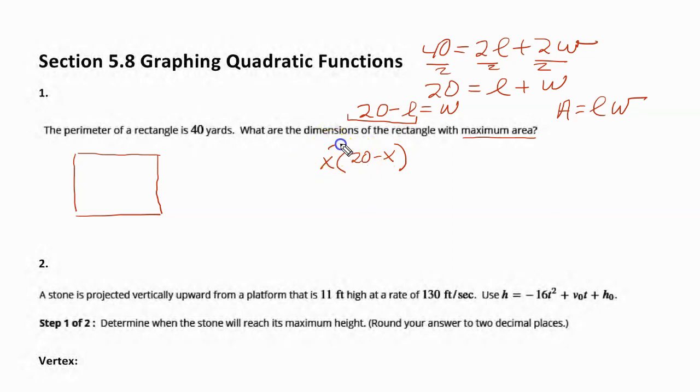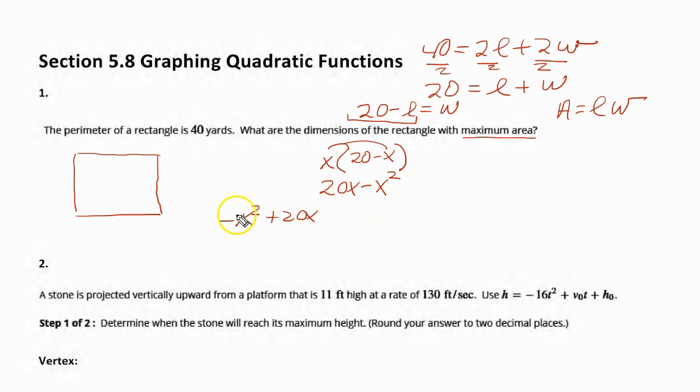Okay, so we're going to multiply, and we get 20x minus x squared. So putting this in quadratic form, we have negative x squared plus 20x. Now we're looking for maximum.